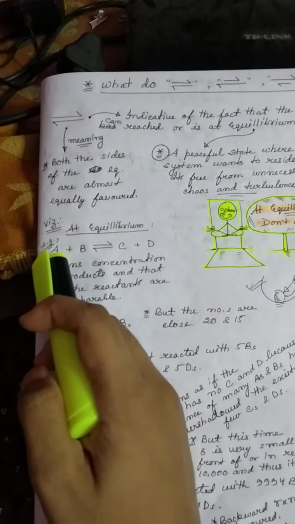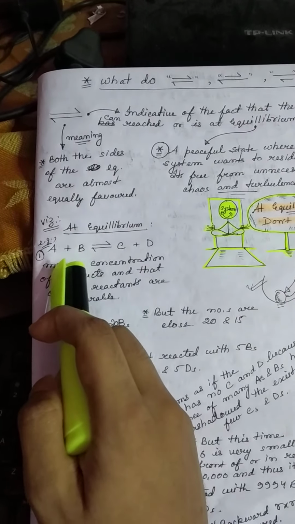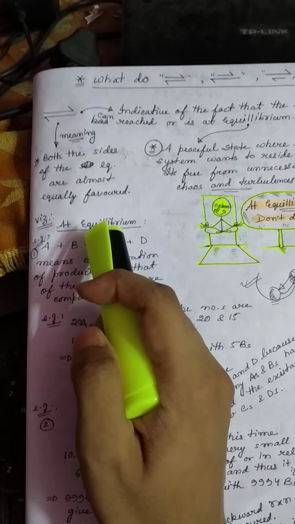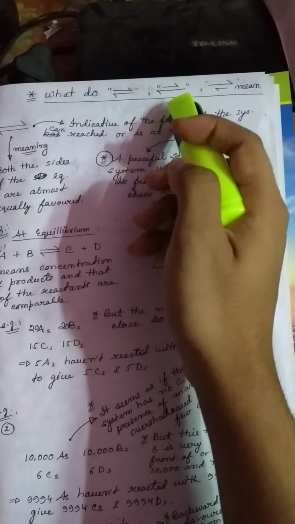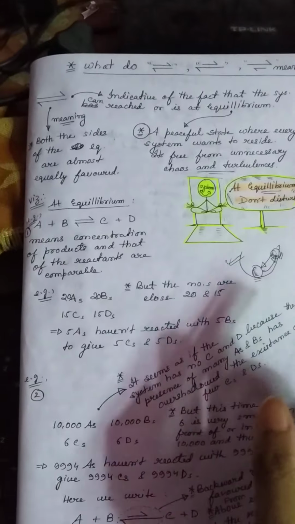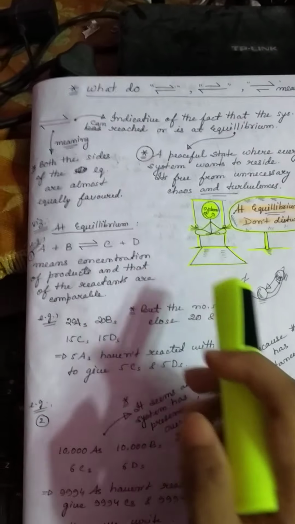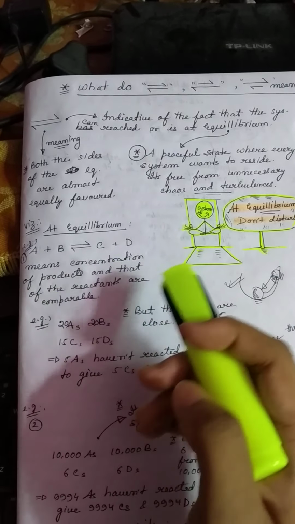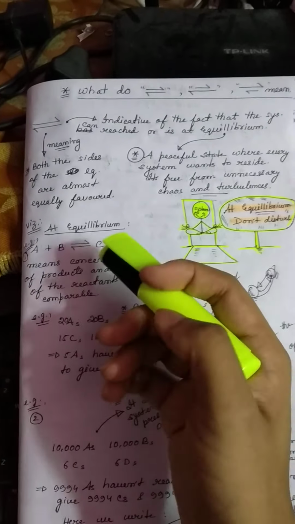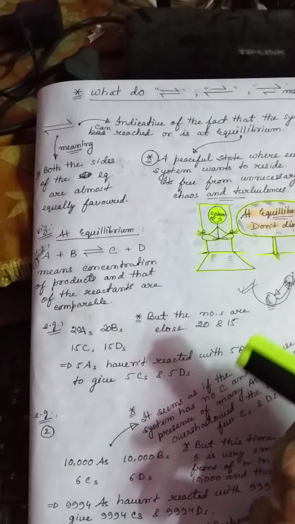Let's say at equilibrium A plus B gives us C plus D. We have used this symbol and not the others, okay? It means the concentrations of products and reactants are comparable. Let's understand this using an example.